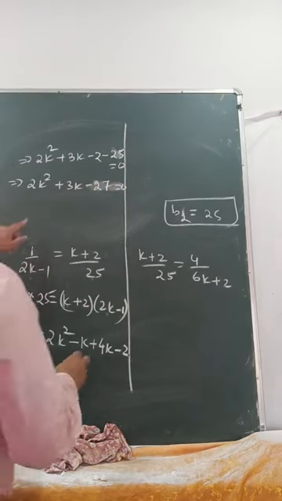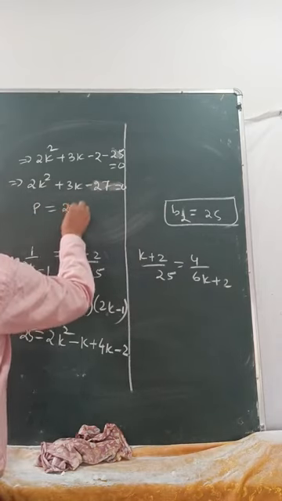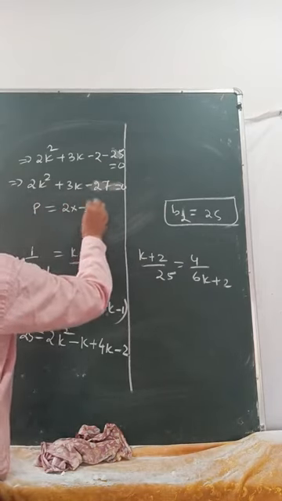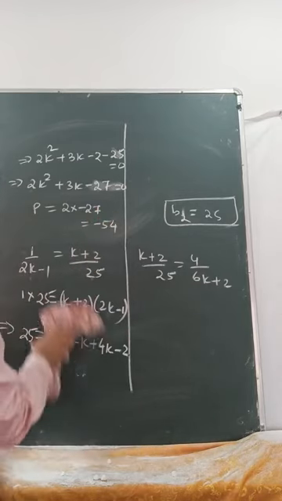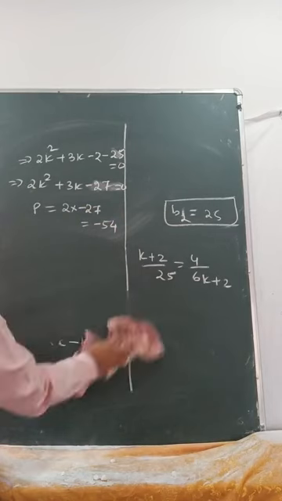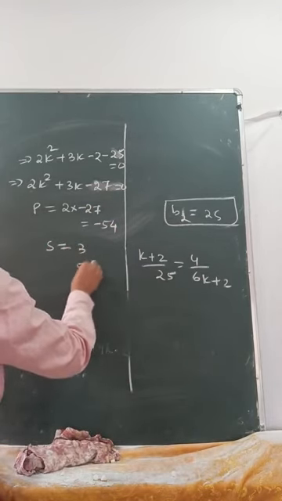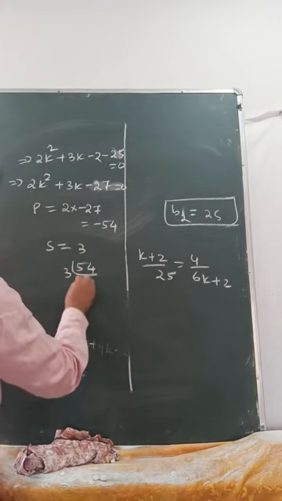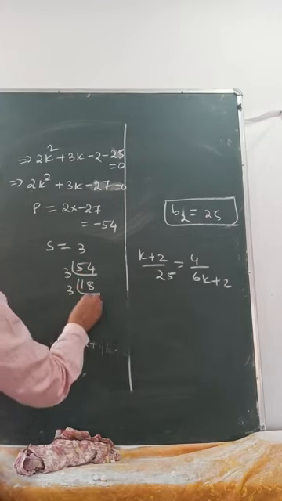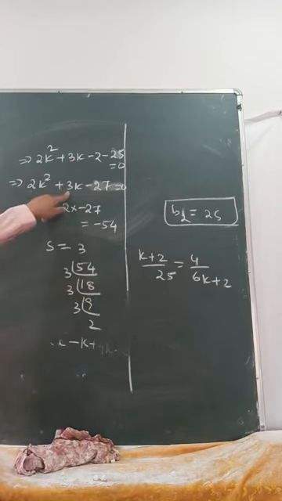So product is 2 into minus 27 equals minus 54. Sum equals 3. The factors of 54 are 3, 18, 3, 9, 3, 2. So how to get 3 here?